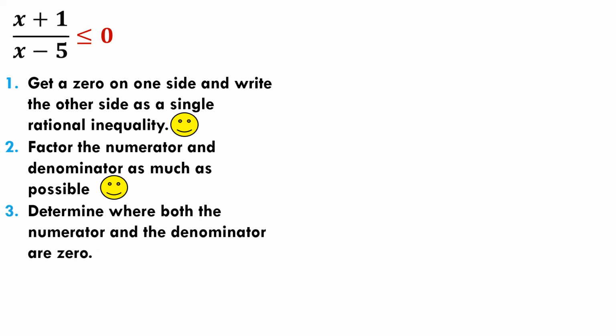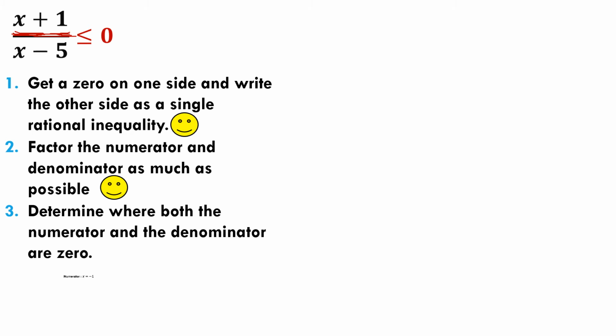And number 3, determine where both the numerator and the denominator are 0. So, dito, for the numerator, ano yung pwedeng value ng x na magiging 0 ang numerator? So, para maging 0 yan siya, x plus 1 equals 0.